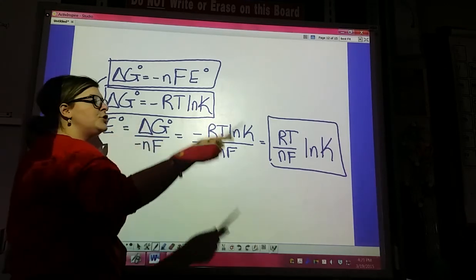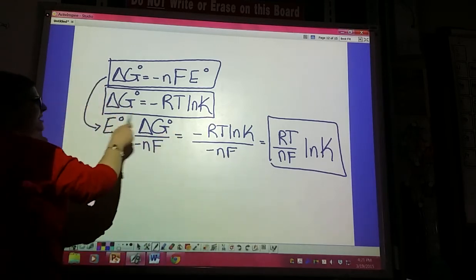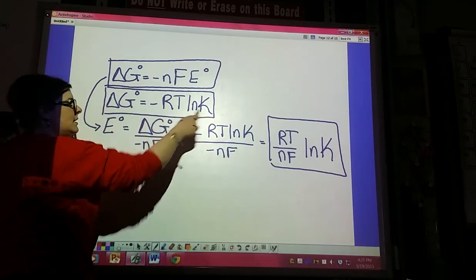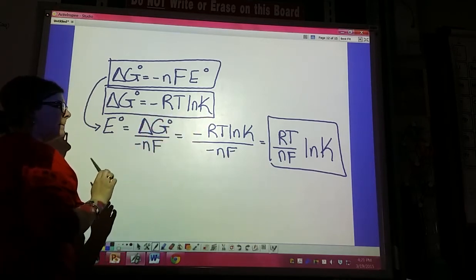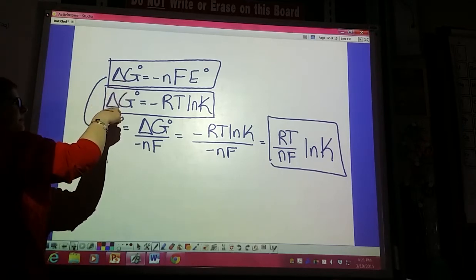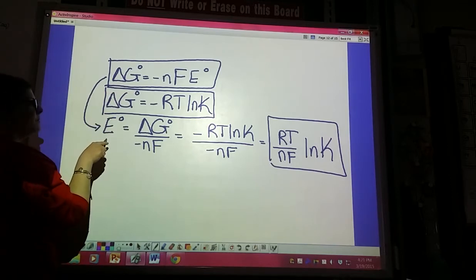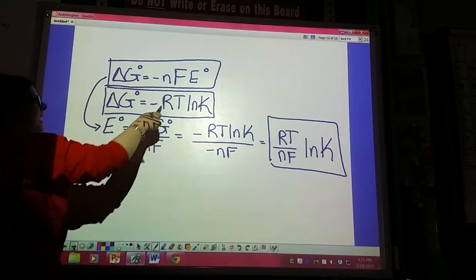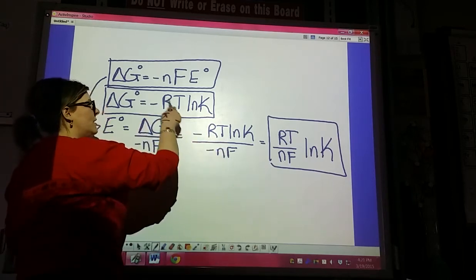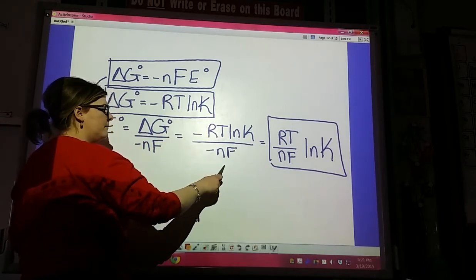I know a relationship from the previous chapter between G and K, because standard G is equal to a negative RT times the natural log of K. If I know this piece and I know this piece, I just rearrange this equation for the cell potential. I plug standard delta G in here, over negative nF.